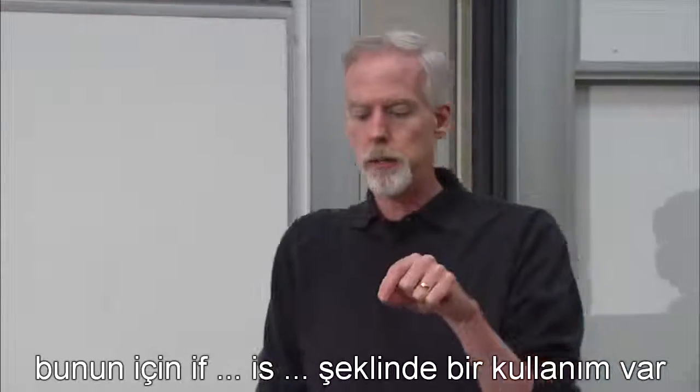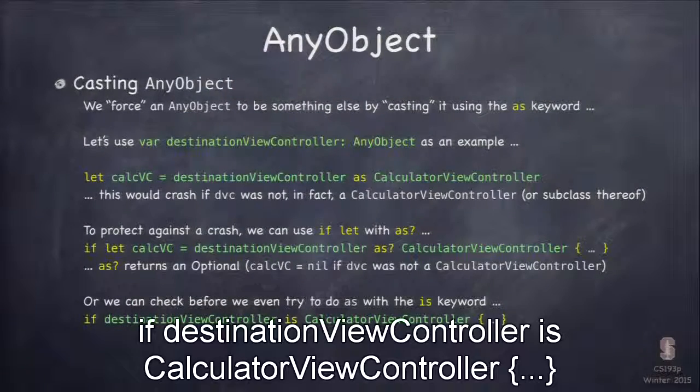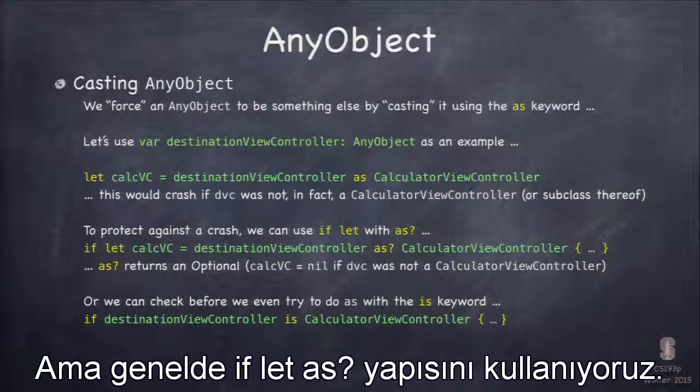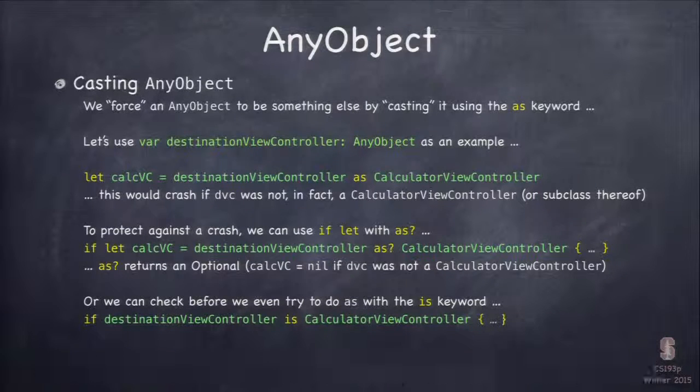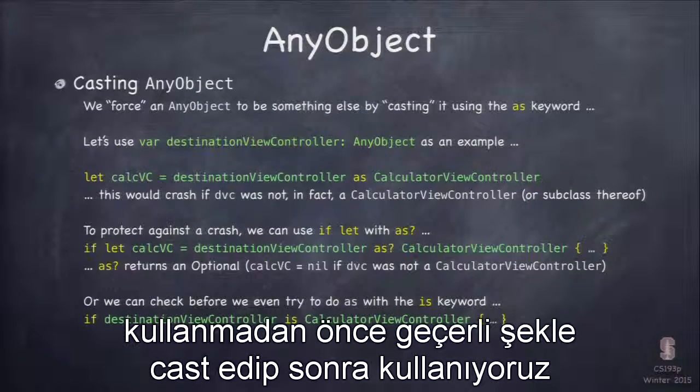You can use is: if destinationViewController is a CalculatorViewController, then I'll go ahead and do the as, for example. But usually we use as? and check and convert all in one go. So that's how we're going to use AnyObject. We're going to have to cast it with as into something else.